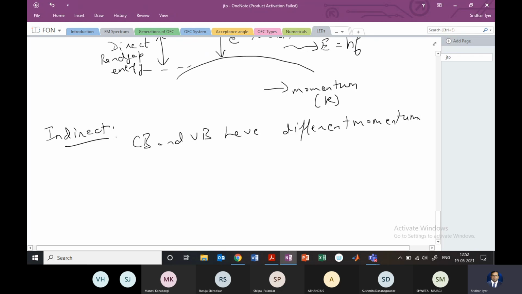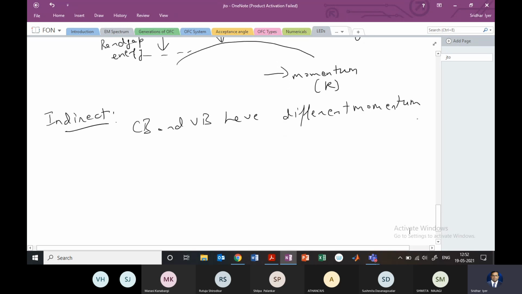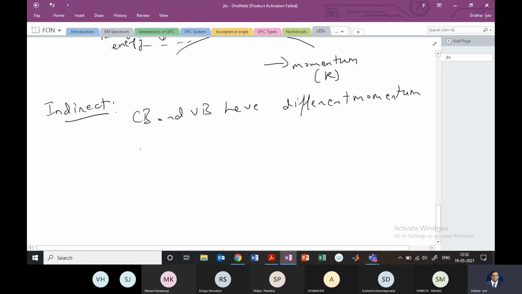So by this we mean the electrons in those bands, okay? Because band itself cannot have momentum, but the electrons there are going to have different momentum. Okay, so this is a little bit more complicated. Therefore, we always prefer the materials with direct band gap energy, right?